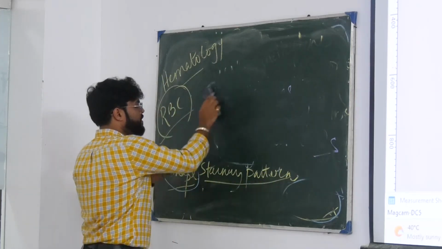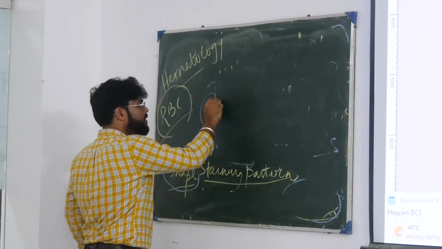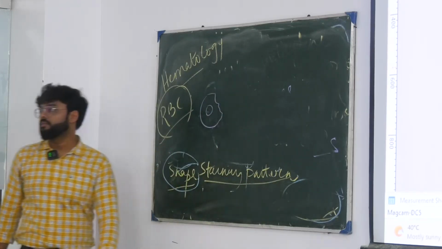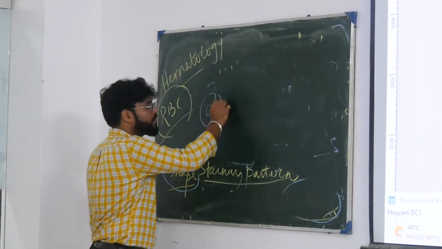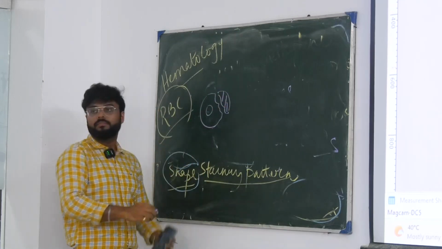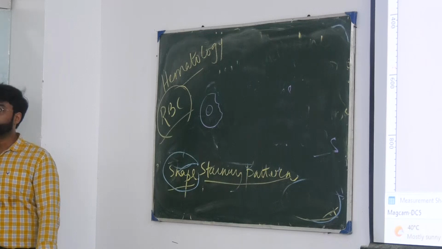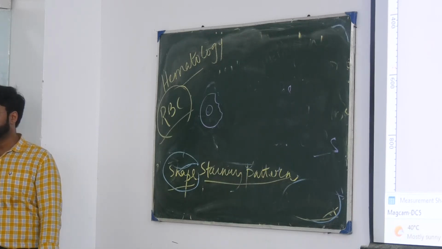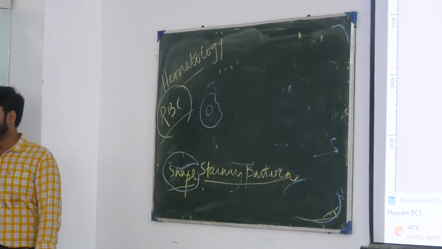Suppose this is a normal RBC, but some part of the RBC is missing, such as this part of the RBC is eaten up by something else, eaten up by macrophages. So they are known as bite cells.